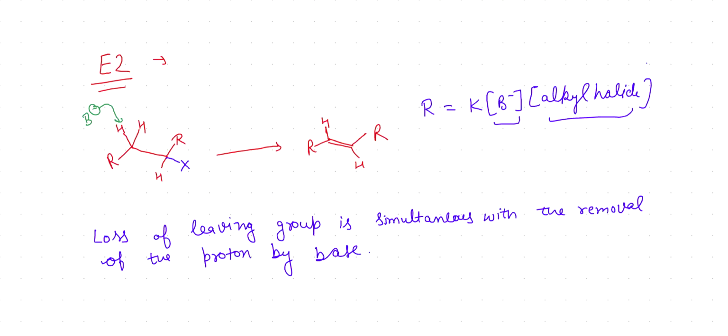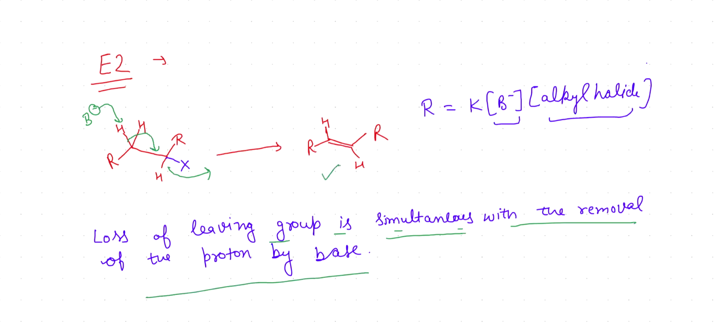In this, the proton is abstracted along with the removal of halogen. Both steps are occurring simultaneously. So loss of the leaving group is simultaneous with the removal of the proton by the base, forming an alkene as the final product.